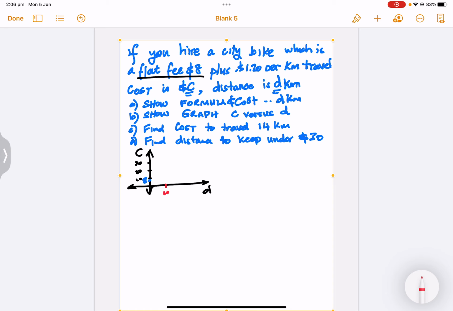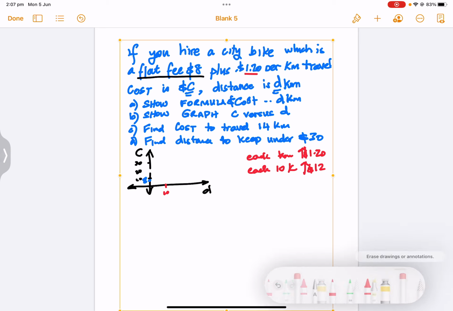After 10 kilometres, it's going to go up $12. That makes sense, doesn't it? So after 10, it goes up $12. That'll go up to 20.